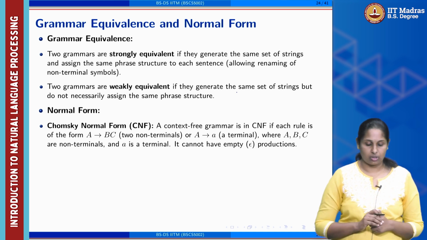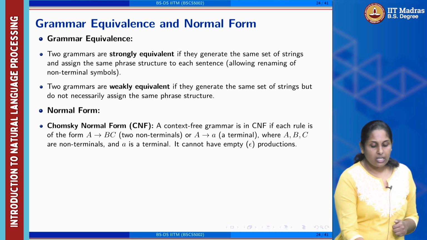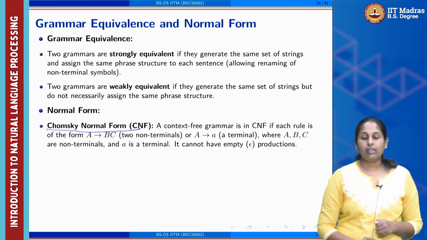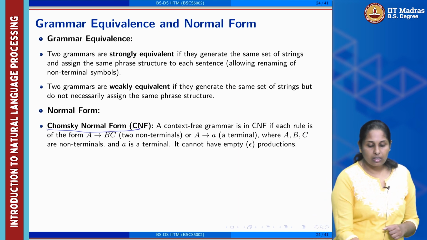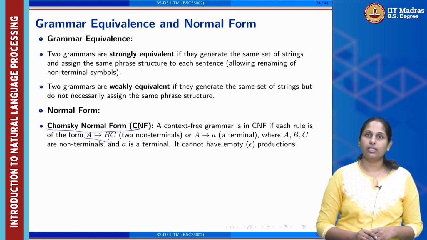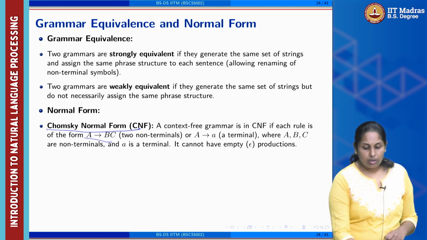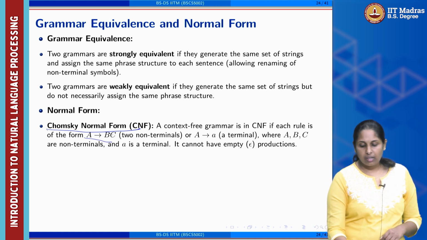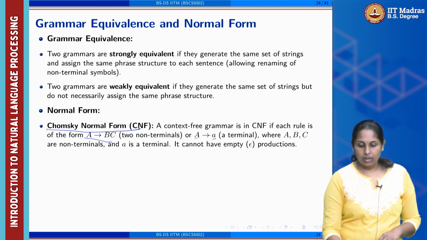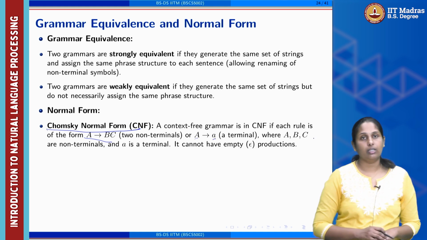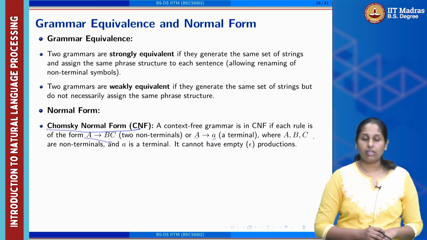Now, Chomsky normal form is a context-free grammar where each rule is in the form A rewritten as B C with non-terminals, or A rewritten as a terminal, where it is a lexicon. Here A, B, C are non-terminals, whereas the terminal is a word.